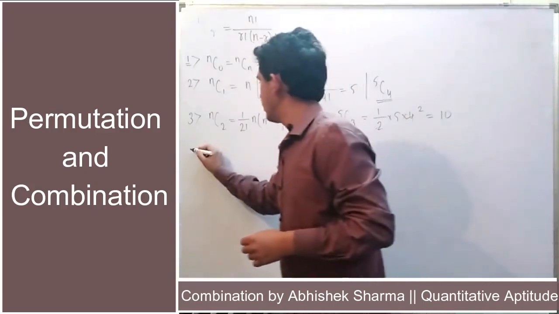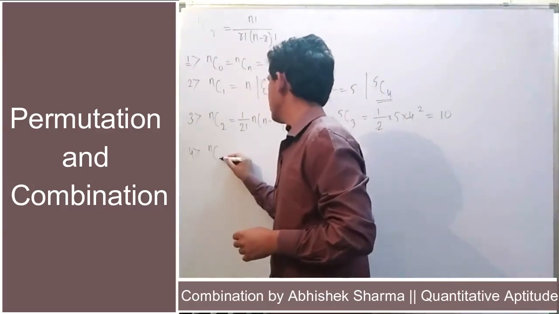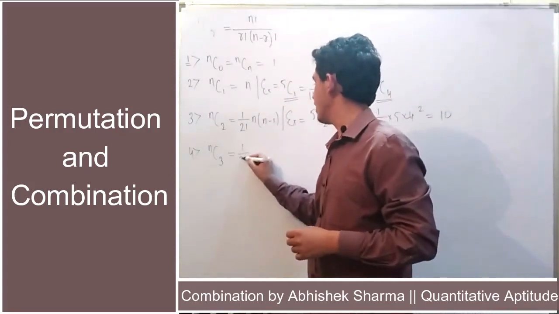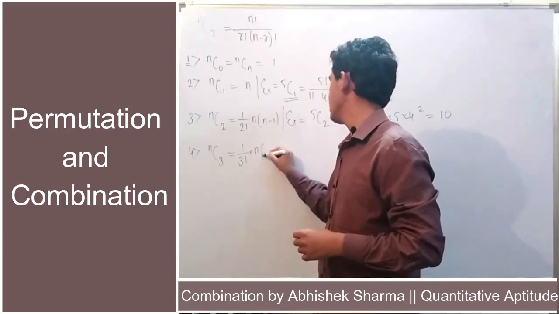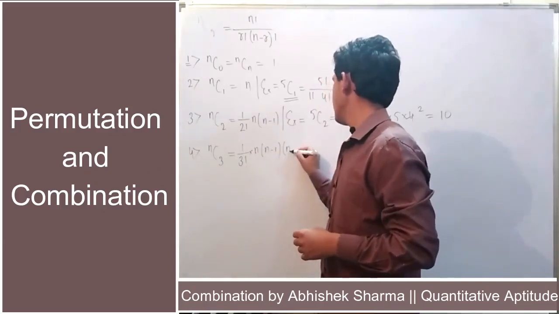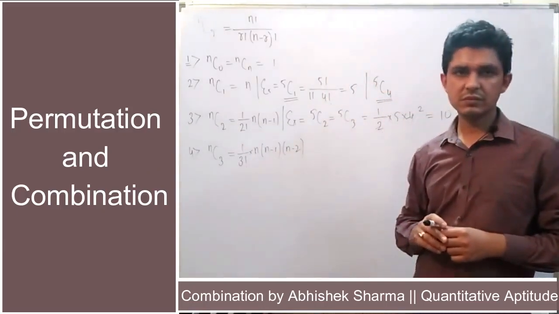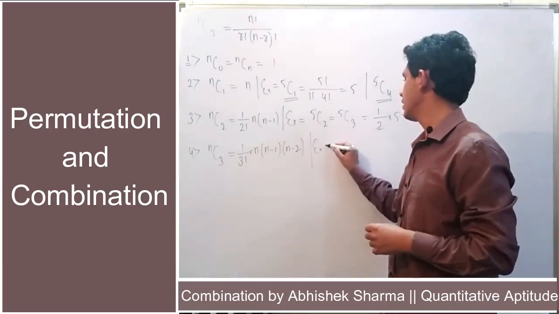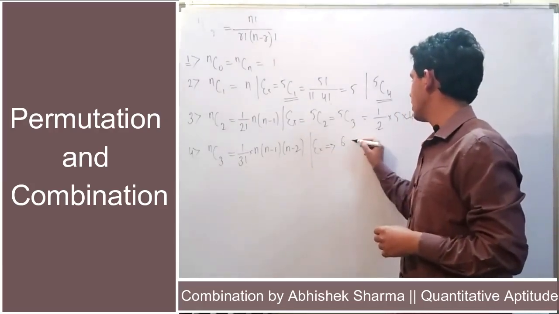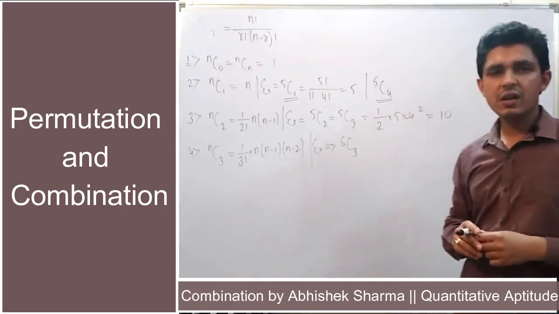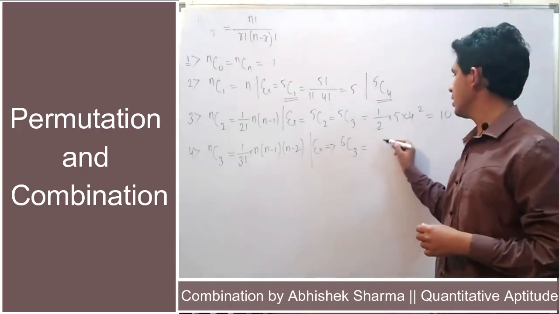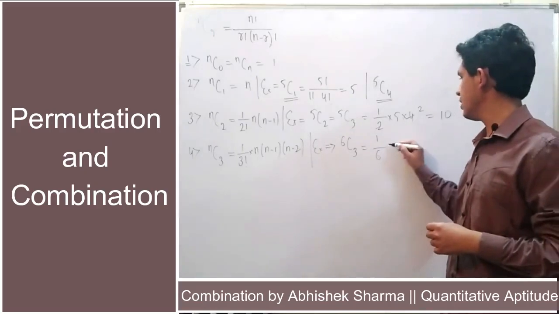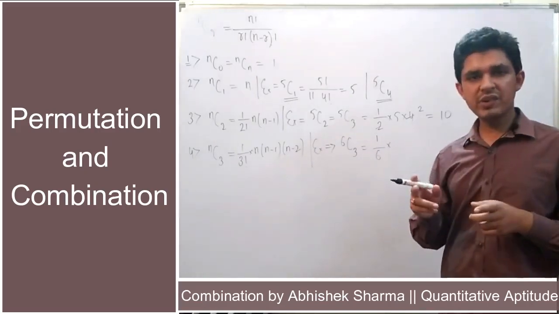My fourth point is, if I have to select 3 things out of N, this can be done in 1 by factorial 3 multiplied by N multiplied by N minus 1 multiplied by N minus 2. For example, if I have to select 3 things out of 6, that means 6C3, this is 1 by factorial 3, and the value of factorial 3 is 6, multiplied by 6 multiplied by 5 multiplied by 4.